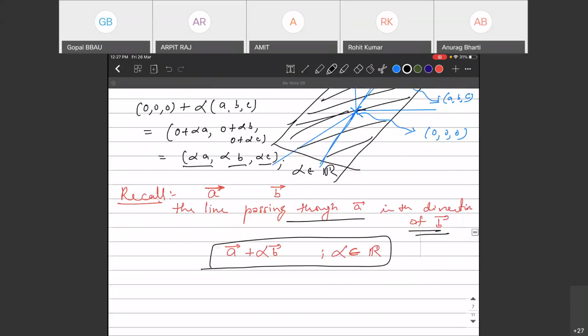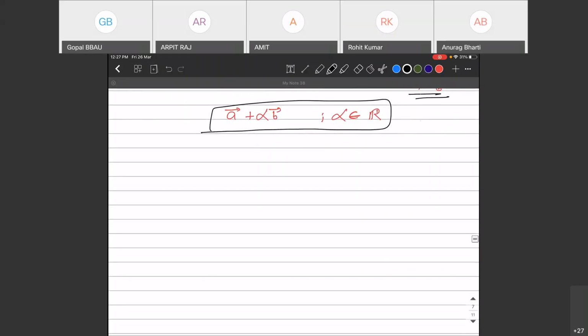So this means if I represent A by (a, b, c), then I would say alpha A will also be a solution.